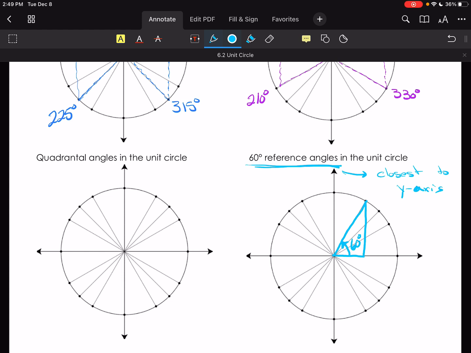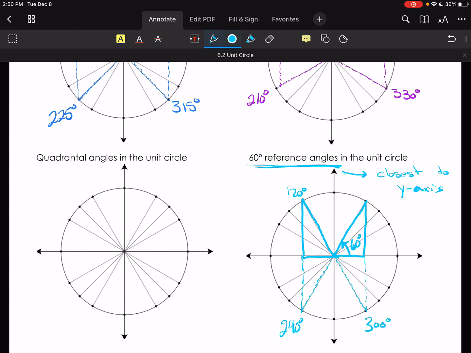So quadrant 2, 180 minus 60 would put me at 120, which would be this guy. Quadrant 3, put me here at 240, right? 180 plus 60. And then the last one for quadrant 4, closest to the y-axis, 360 minus 60 would be 300.